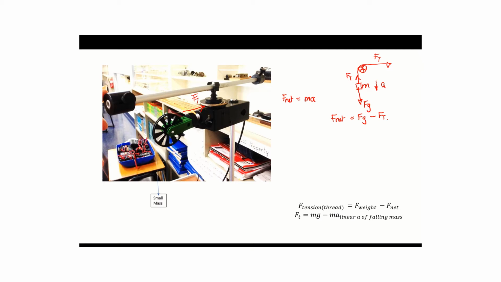So let's rearrange the equation, and we get the tension force equals the gravitational force minus F net. Putting in what we know, the tension force will be mass times gravity, minus F net, which is mass times acceleration. So from that, we can work out the tension force that is causing the torque.